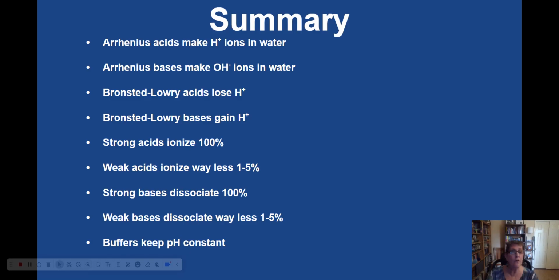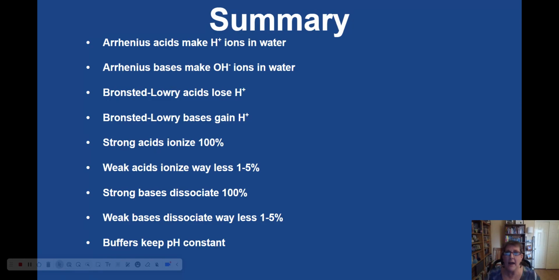So summary, so far in chapter 8, Arrhenius acids make H plus ions in water. Arrhenius bases make hydroxide ions in water. Bronsted-Lowry acids lose an H plus. Bronsted-Lowry bases gain that H plus.